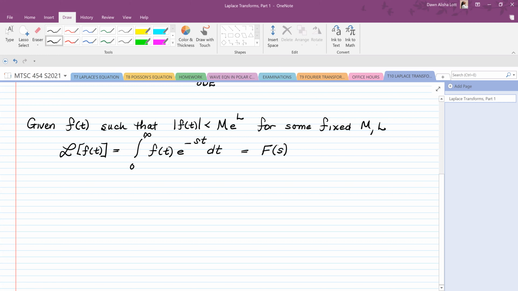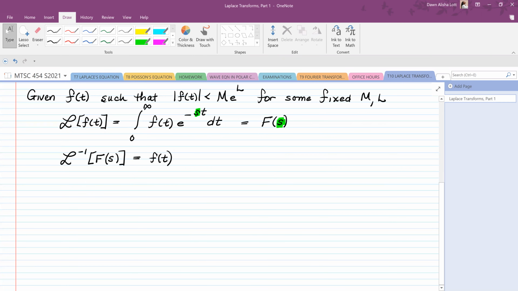So our variable for the Laplace transform is s, and if you remember, our variable for the Fourier transform was omega. Okay. So the Laplace inverse transform of capital F of s is just equal to little f of t. And again, we have to use tables because that can be very difficult.